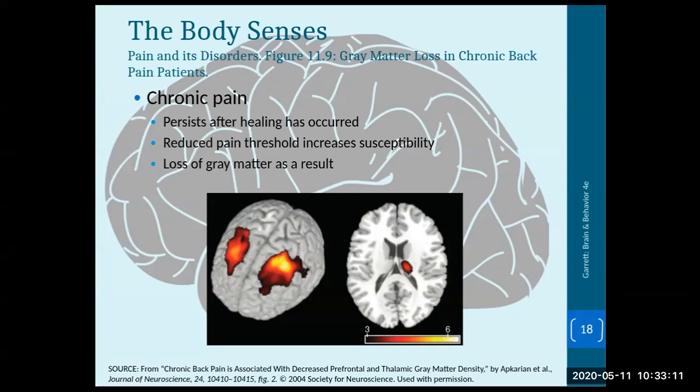So chronic pain, especially in amputee patients, right, as we've been talking about, persists after healing has occurred. They still feel pain in the area where the limb was. If you have a reduced pain threshold, if you're a little more hyperactive in your pain receptors, then it can cause an increased susceptibility to pain, again, even if the limb is not there.